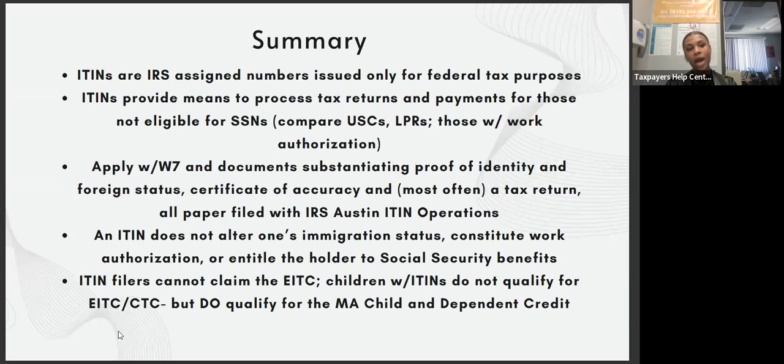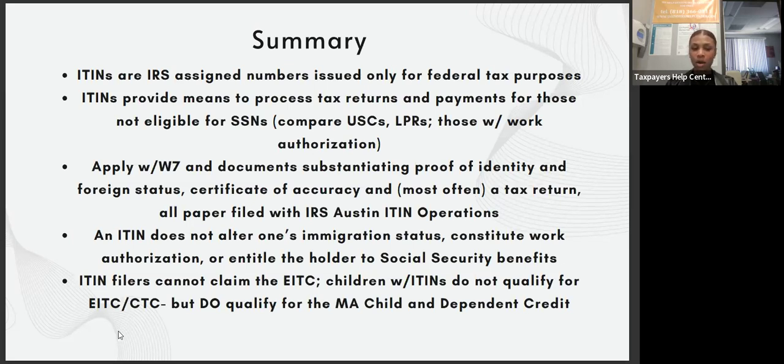So, in summary, ITINs are IRS assigned numbers issued for only federal tax purposes. ITINs provide a means to file tax returns and payments for those not eligible for Social Security numbers. You want to apply for your ITIN with the W-7 and documents substantiating proof of identity and foreign status, certificate of accuracy, and most often a tax return, all paper filed, no electronic filing with IRS.